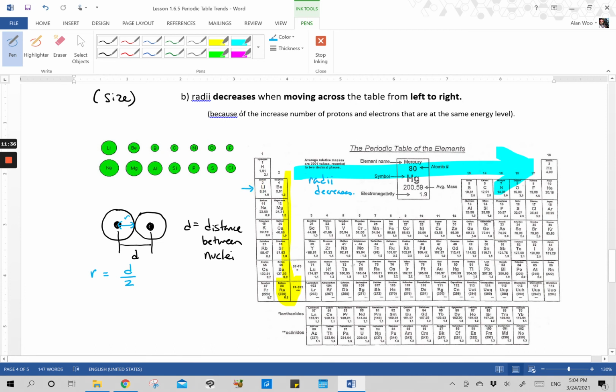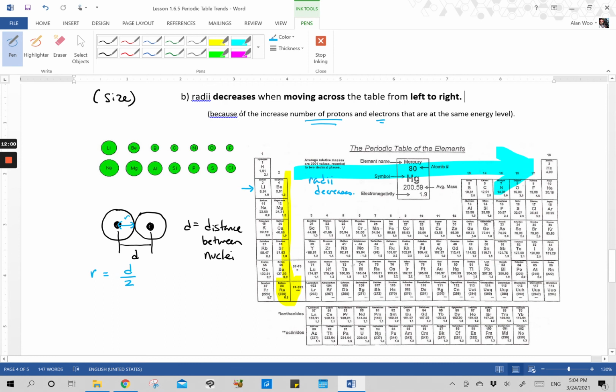We know that there's going to be 18 electrons in this shell. Okay? So as you move across the row, what happens is the number of protons will increase. Okay? The number of electrons increases as well, but the number of electrons are still in the same energy level.